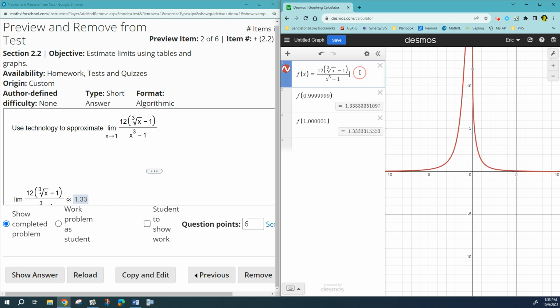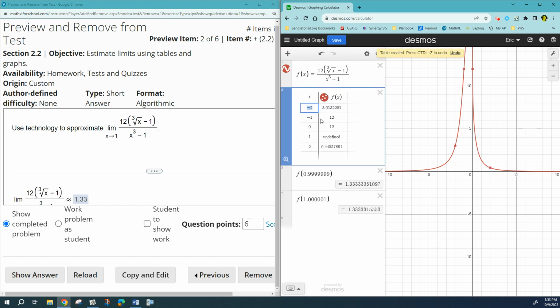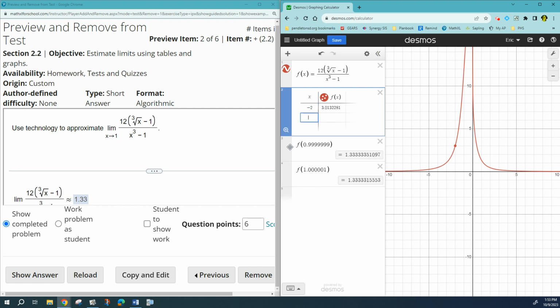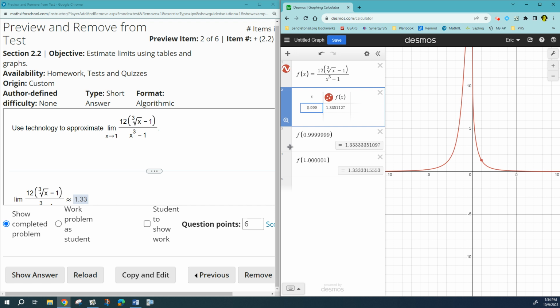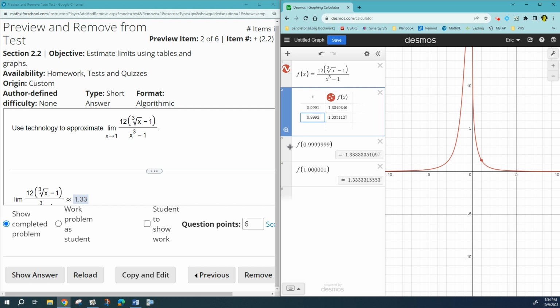The other way we could do it is we could just come up here and build a table, and I could plug values in, right? I could pick values like 0.9991, 0.9992.